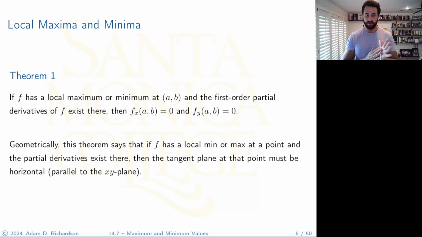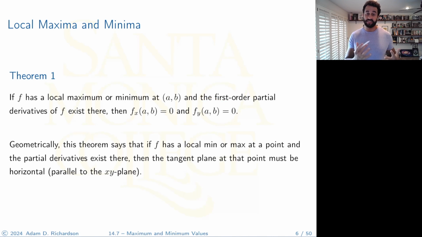Okay, so here we're going to start with this theorem. If f has a local max or a min at the point a comma b, and the first order partial derivatives of f exist at that point, then f sub x must be 0 and f sub y must be 0, right?